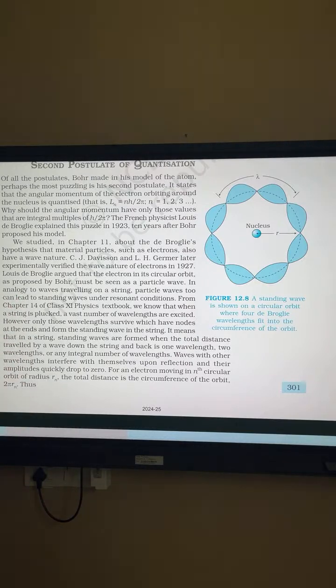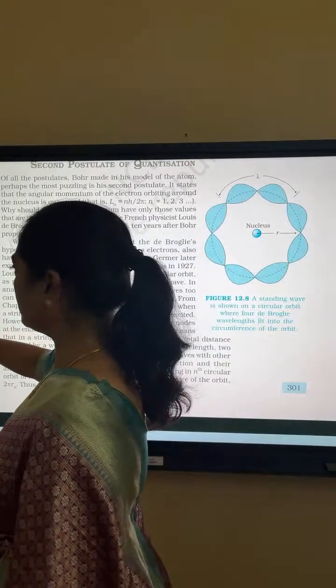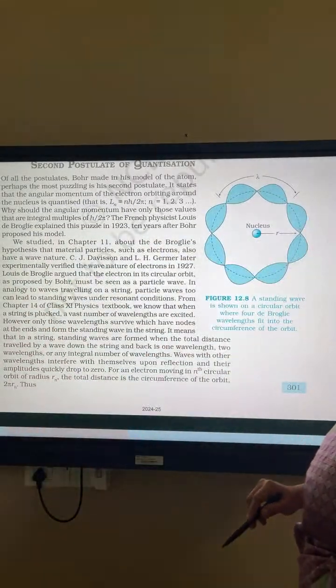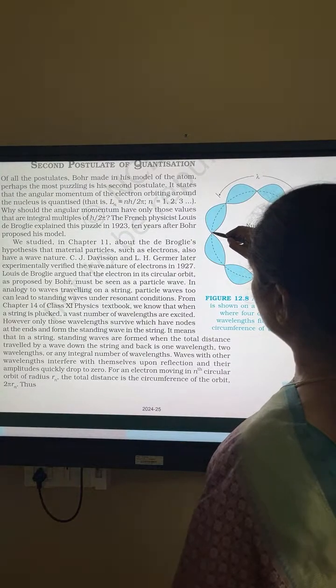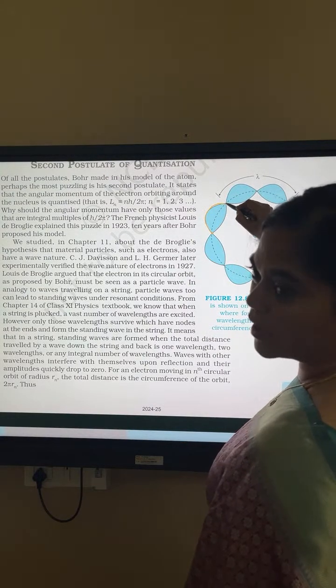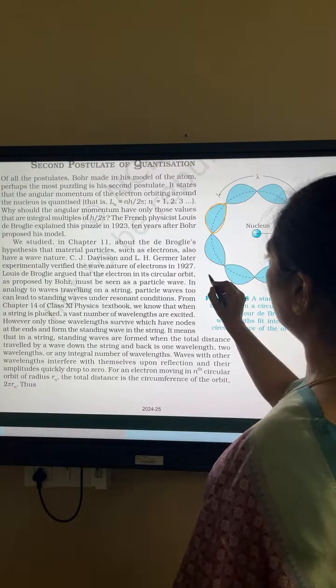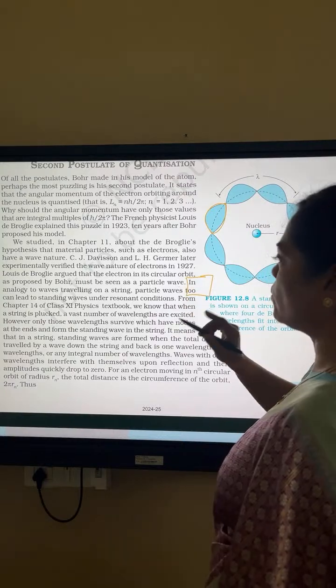Okay? So you know that the electron is revolving around the nucleus, it also spins around it. You have 2 electrons in an orbital.